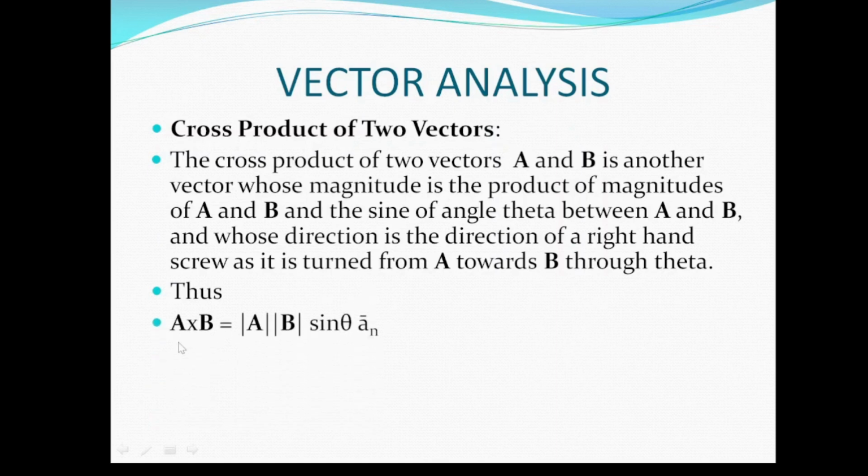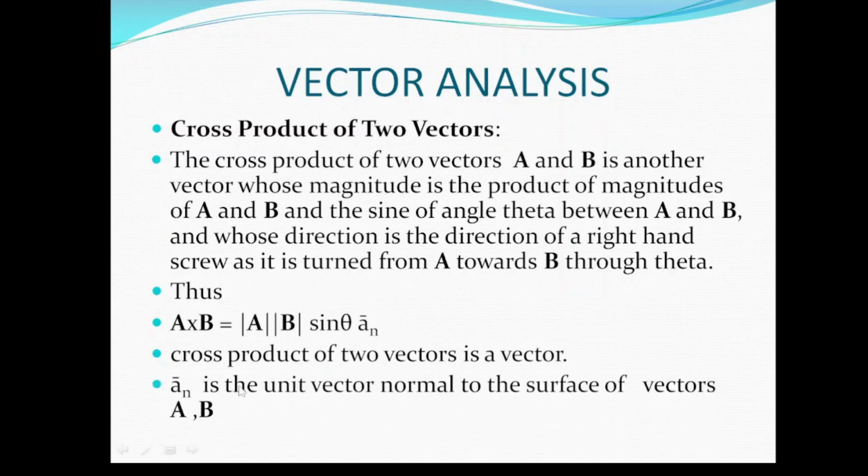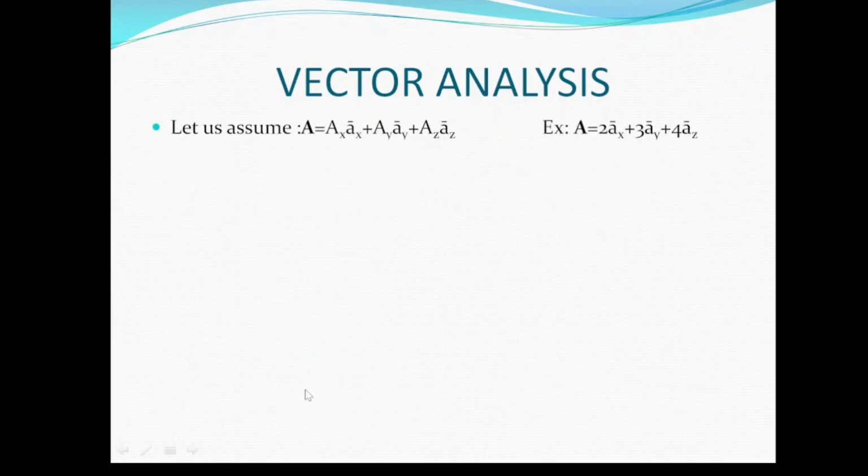Thus you can write A cross B is equal to mod A mod B sin theta into an. Here an represents the unit vector normal to the surface of A and B. So the cross product of two vectors is a vector, it is not a scalar.